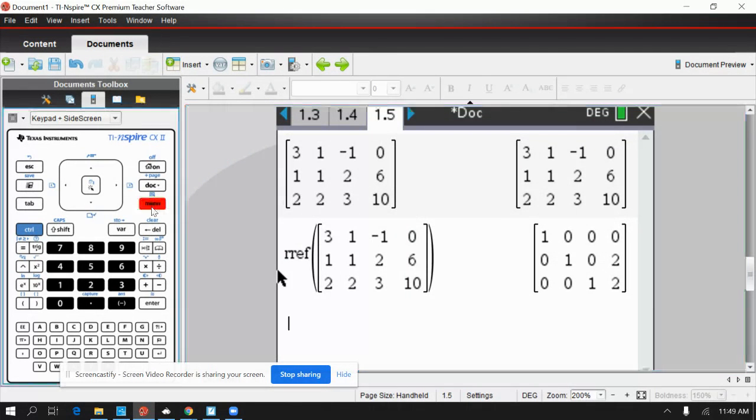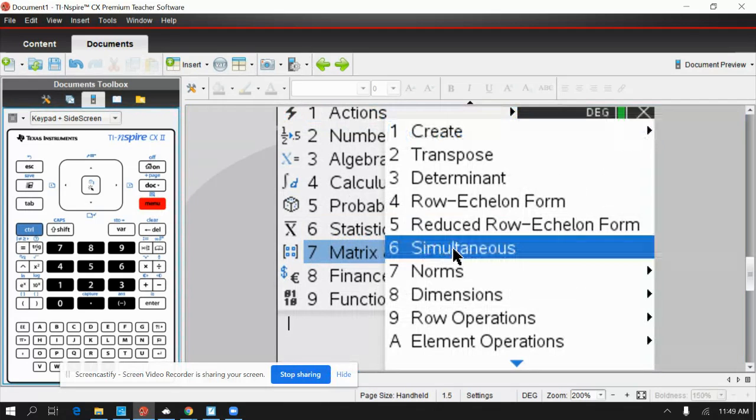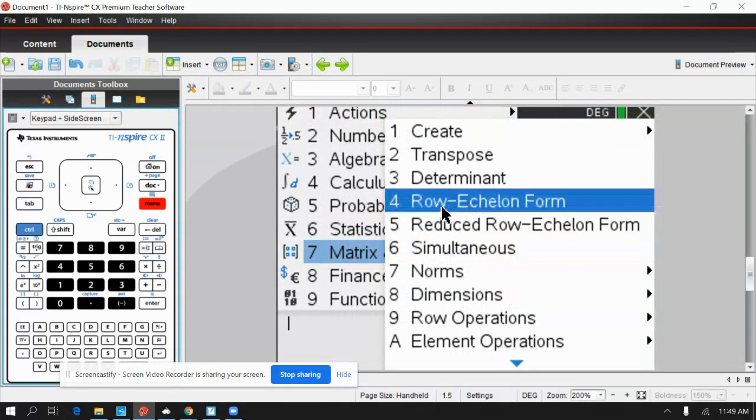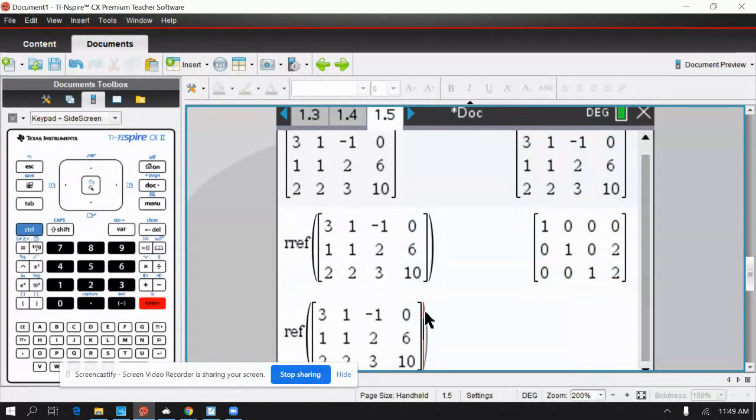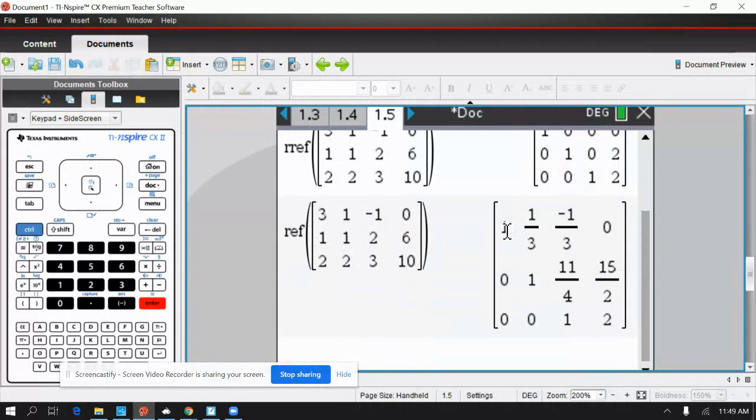This is a different form, but if we go back to the menu, and this is on the 84 as well, and you just do row echelon form of this matrix, that gives you what we're going to achieve right now. You've got ones down the diagonal and zeros underneath.